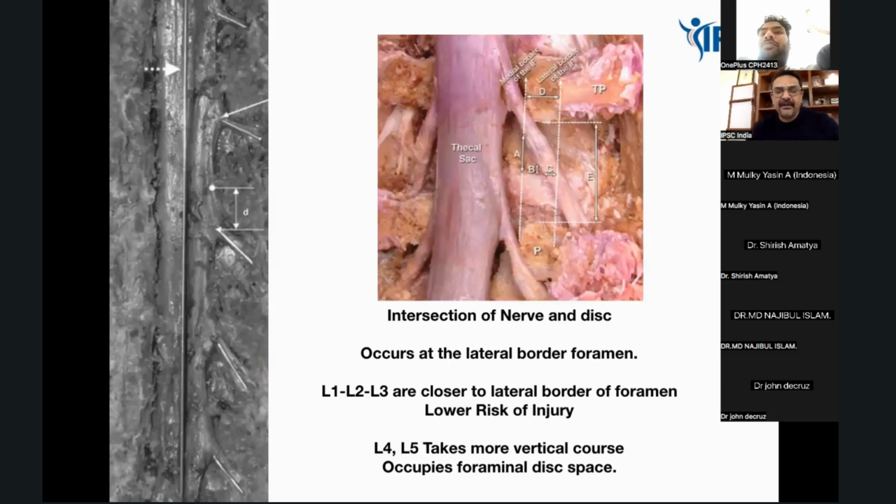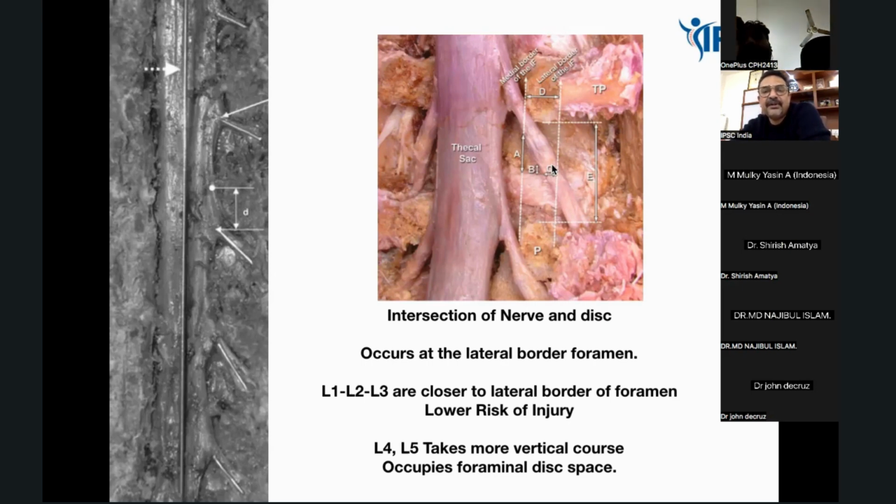The intersection of the nerve root usually happens at the lateral border of the foramen. That means on fluoroscopy, what we can see is the lateral border of the pedicle. This is what we should avoid whenever we are going inside the foramen using Kambin's triangle. That is why it is important to keep checking AP and lateral views until you reach inside the disc. Because if in the lateral view you are entering the disc and you are still in the lateral part of the foramen, at the lateral pedicular line, there are good chances you may hit the nerve root.